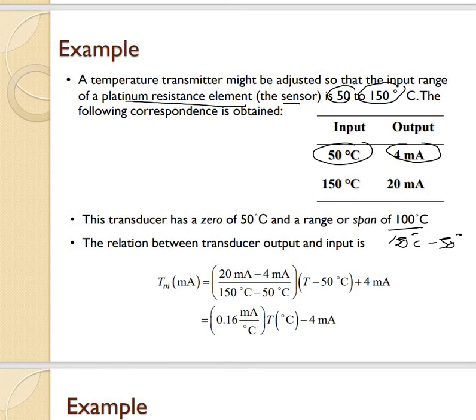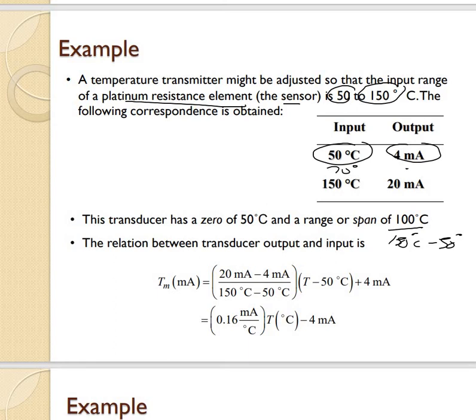So in order to calculate, if we obtain a measured value of temperature, for example 70 here, we need to convert it into the electrical output, right? Electrical value.